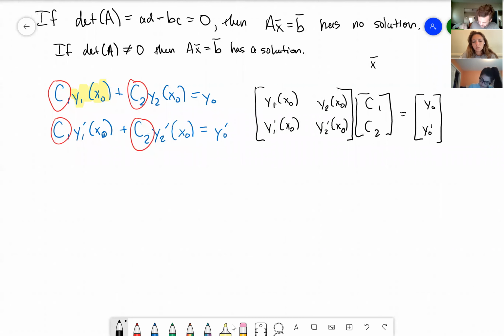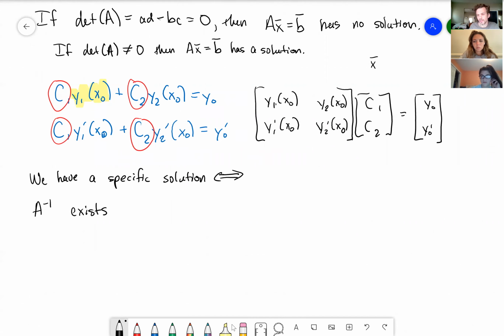And we have a solution to the system of equations if and only if, now let me write this down, we have a specific solution if and only if A inverse exists.